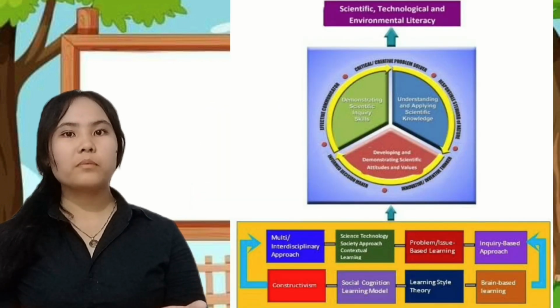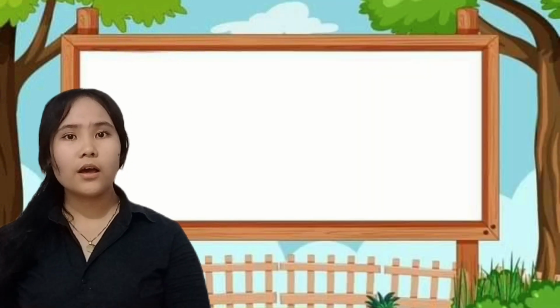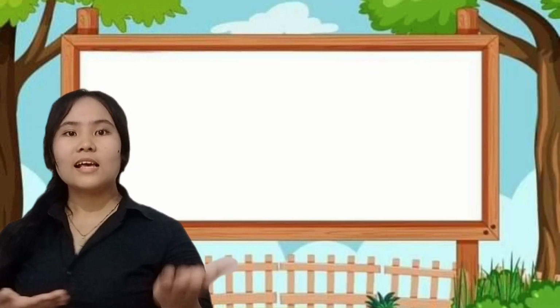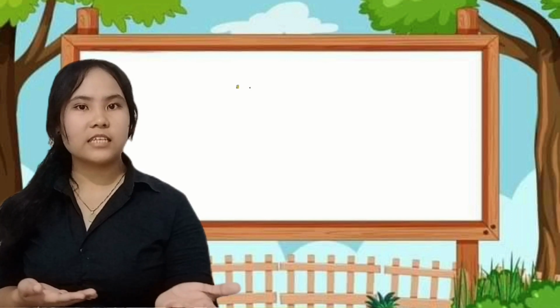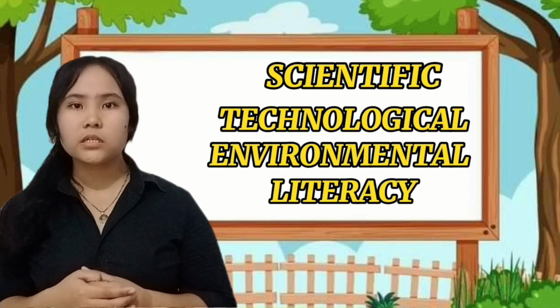As a framework, the Department of Education presents a conceptual diagram of what science education is all about. Here is the framework the Department of Education presents. The diagram reveals the ultimate aims of science are scientific, technological, and environmental literacy.